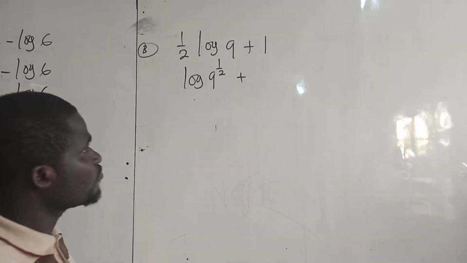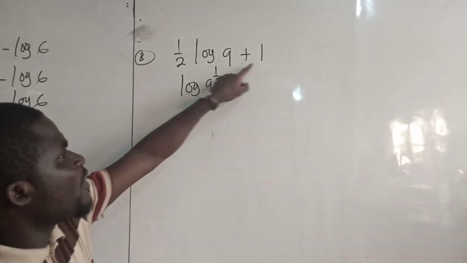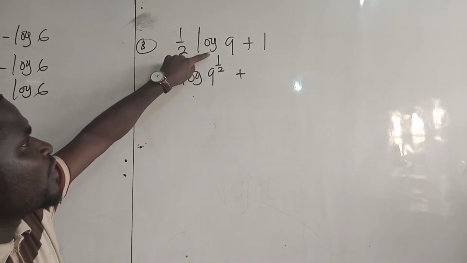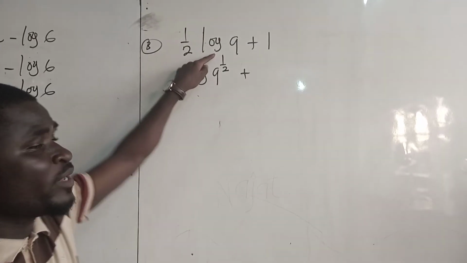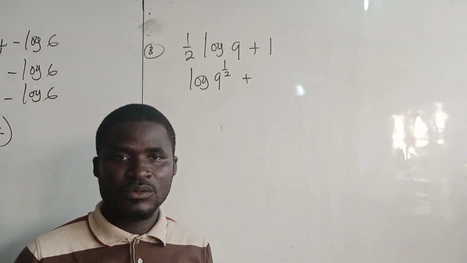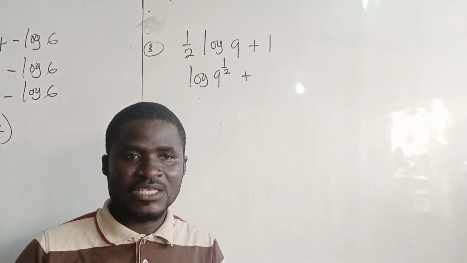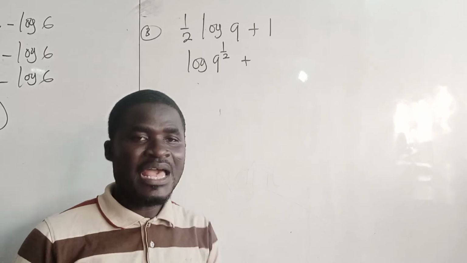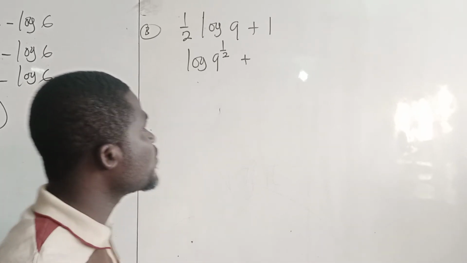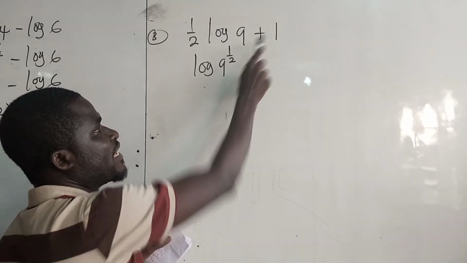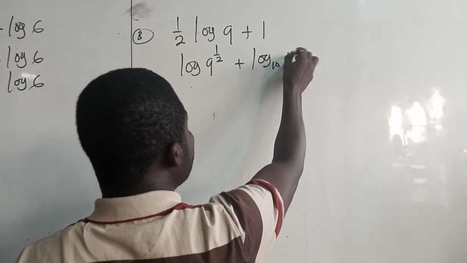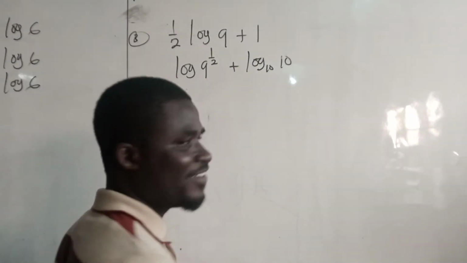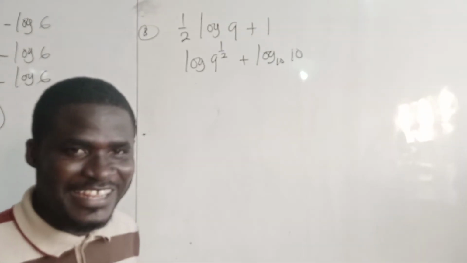Now, this one here, you're dealing with log. Here we don't have the base, and because we don't have the base, we take it as base 10. Whenever the base is not given, it's base 10. So this one here will be log 10, 10. Do you agree?